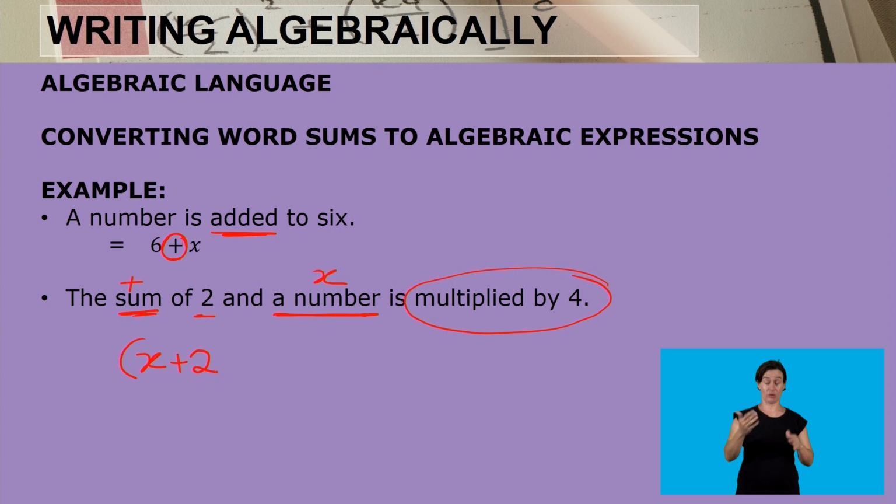Now, after we add these two numbers, we are then going to multiply that result by 4. So we can write this as being 4 being multiplied by the sum of a number and 2. So that can be our expression there.